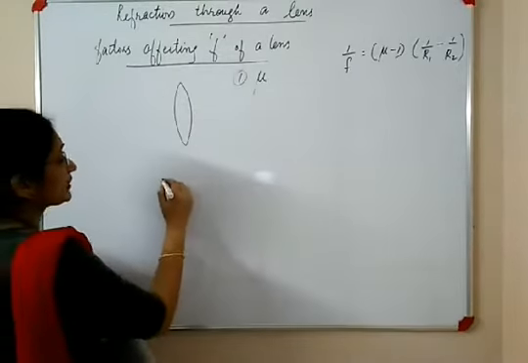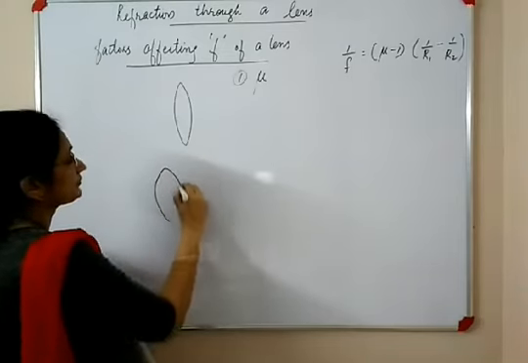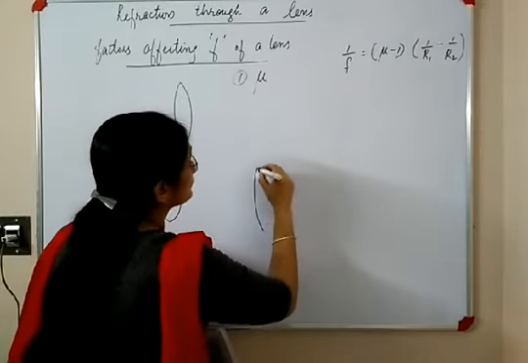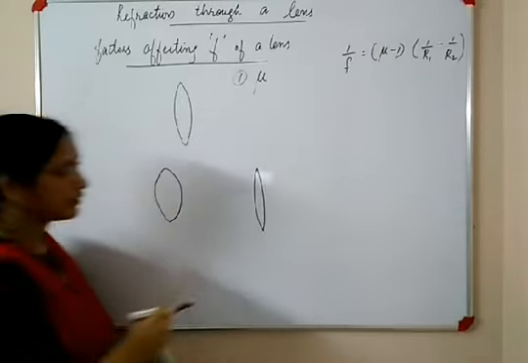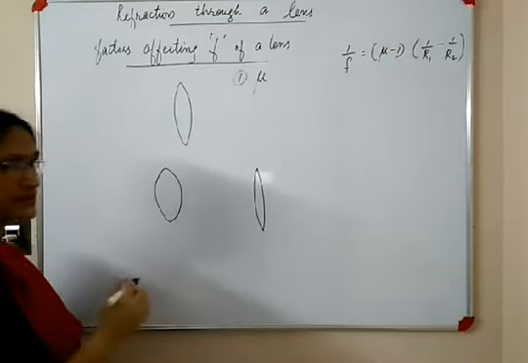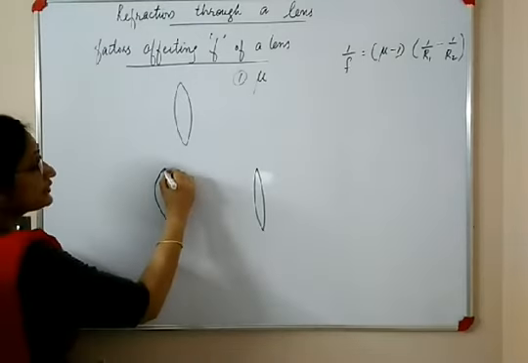Look at these two diagrams. I have drawn a thick lens and a thin lens. Let us see how their radii of curvature are. I am completing the figure.